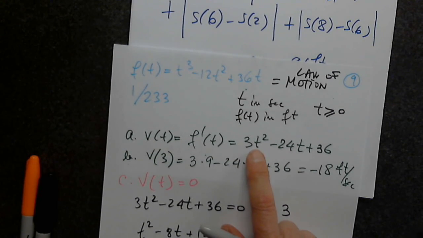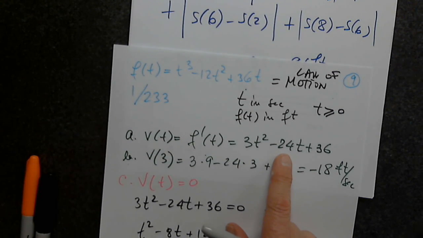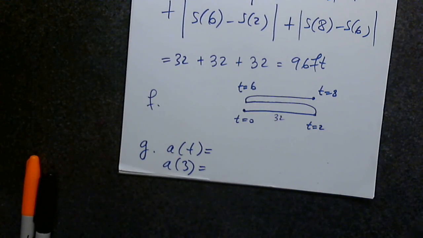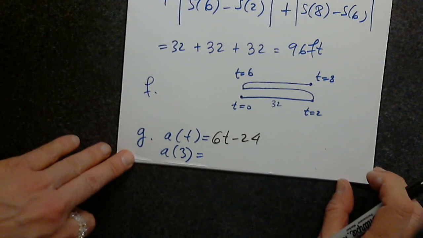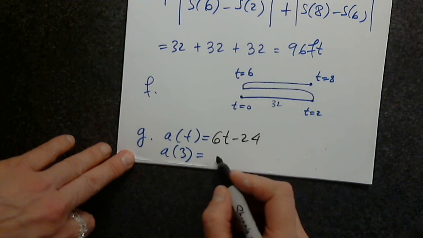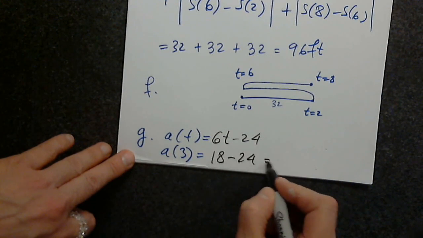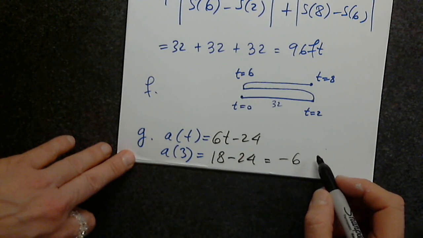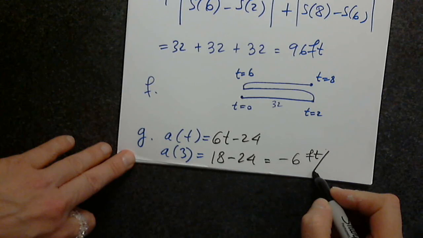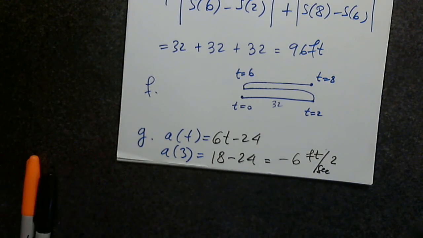So the acceleration is 6t minus 24. How much is a of t? Measurement unit, careful. Good.